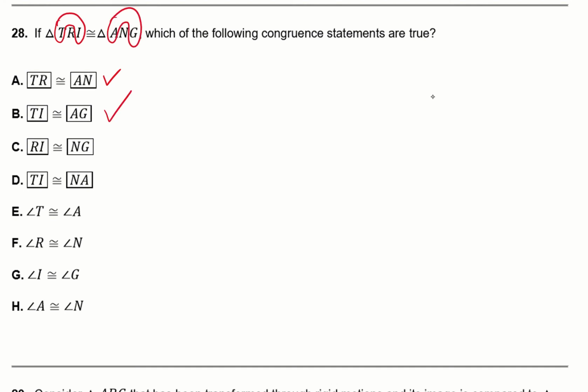So this is true. RI is congruent to NG. TI we said was congruent to AG and not NA, so it's not this one. We know that angle T is congruent to angle A, angle R is congruent to angle N, angle I is congruent to angle G, and that's all we know.